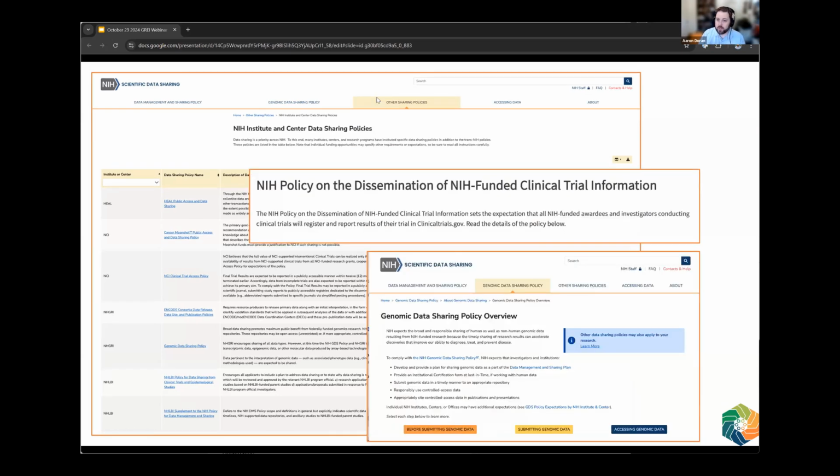They do also have a separate tab for genomic data sharing, since that will have its own sort of kettle of fish attached to it. And so that's also available to you through the NIH.